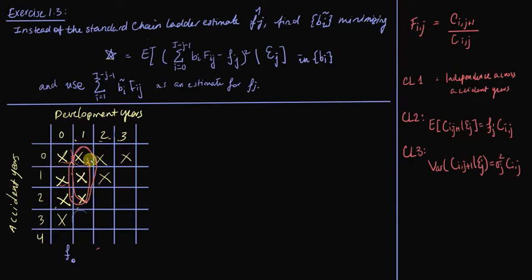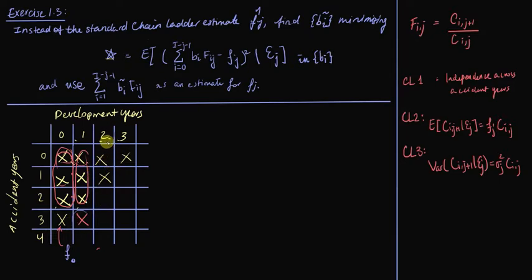So we sum the total claims in this column and divide by the total claims summed in this column. That gives us f0, which we can then multiply onto this claim to get the expected value of the total claim in the next development year.